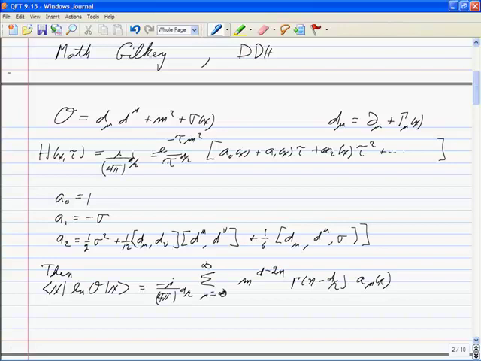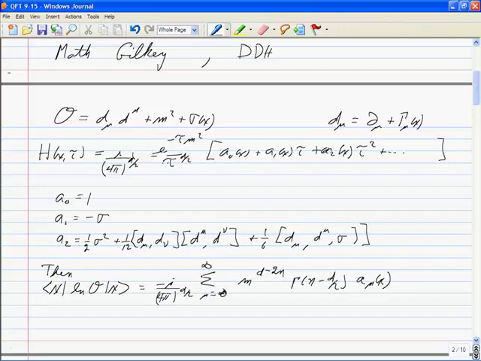If sigma is a constant, so there are no derivatives involved, then it's m squared plus sigma, and it goes like e to the minus tau m squared, and you see 1 minus sigma plus a half sigma squared. So you can guess the rest of the series for sigma if you don't need derivatives of sigma. That's the clue for the homework. You know this to all orders. It's just the expansion of the exponential.